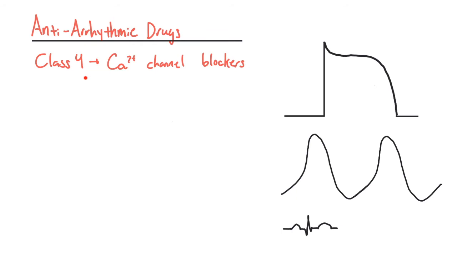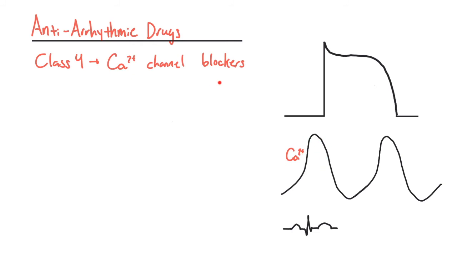Our fourth and final class of Vaughan Williams class of antiarrhythmics are our calcium channel blockers. These are going to behave very similarly to beta blockers and will make most of their effect down here in the pacemaker potential. As we remember, calcium here is responsible for the phase 0 depolarization in the pacemaker cells.